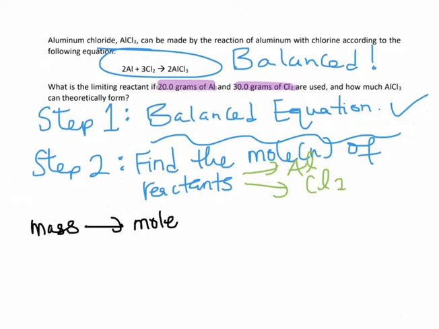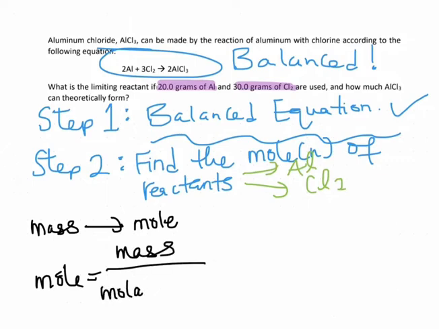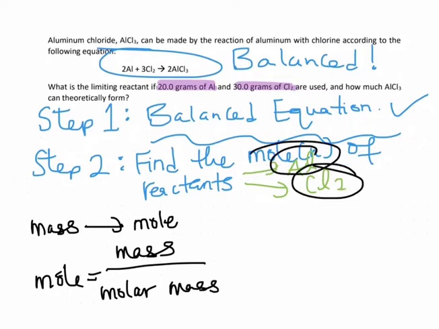Okay, so to do this, you need to be able to find out the molar mass of your aluminium and the molar mass of your chlorine molecules right over here. Okay, so let's try and do it for aluminium first, shall we?